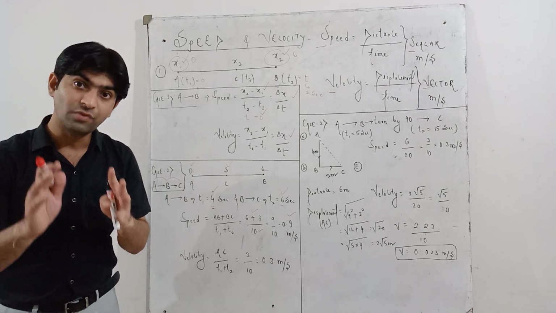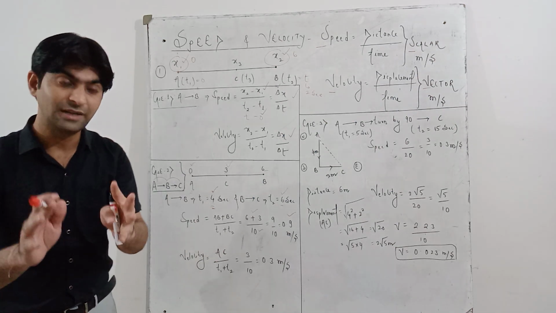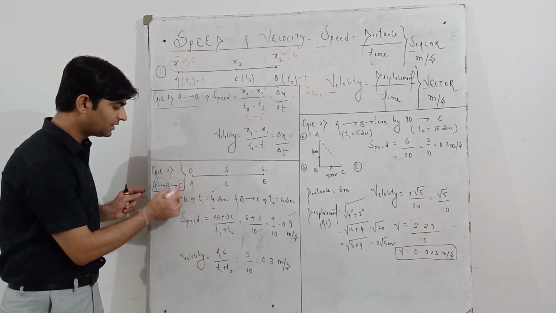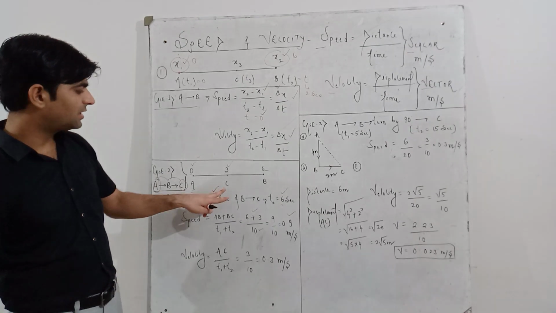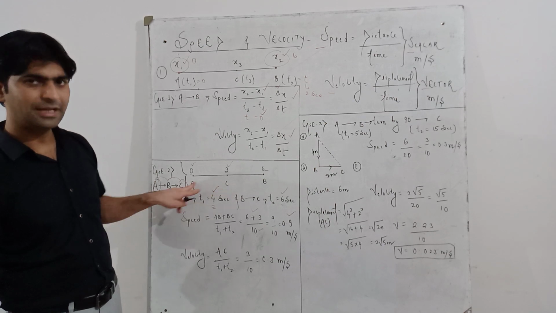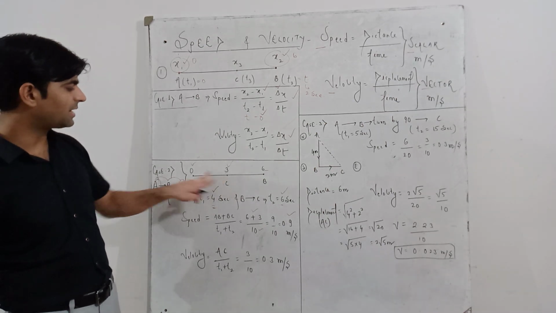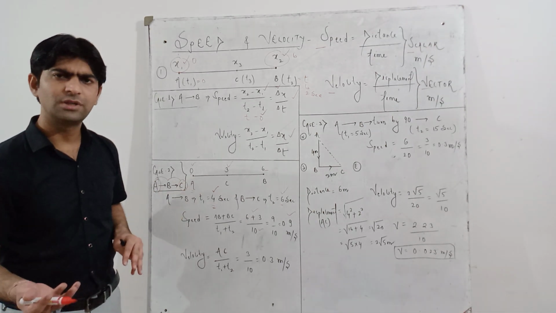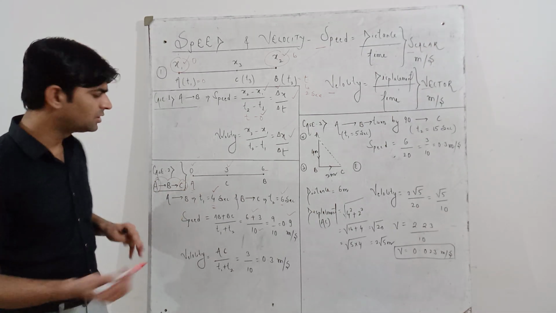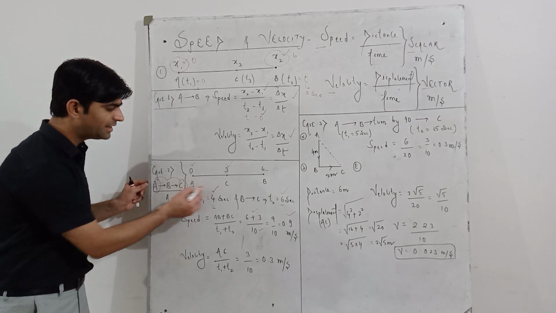But when we talk about velocity, velocity depends on the displacement. Here the final point is C and the initial point is A. So what will be the displacement? C to A, that is C minus A, or 3 minus 0. And if we go by the definition also, theoretically it will be the shortest route. So what is the shortest route between A and C?